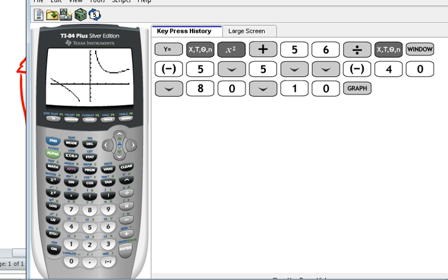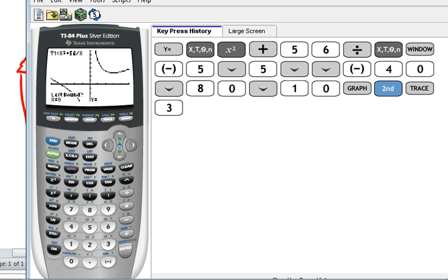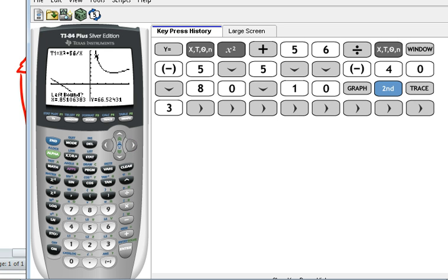And on the TI-84, to get that, I go second table, which gives me calc. Press 3 for minimum. And it asks me for a left bound. I use the right arrow to come fairly close, but to the left side of the minimum value.